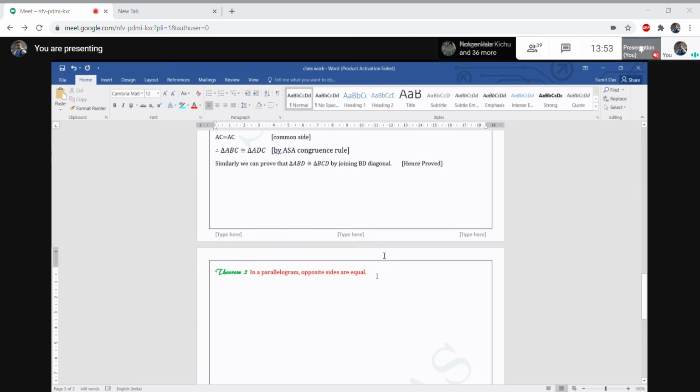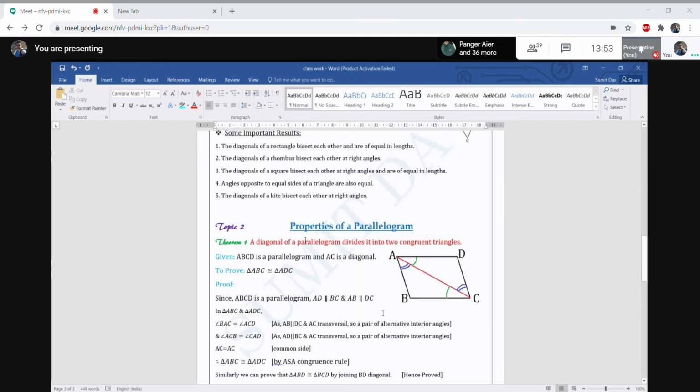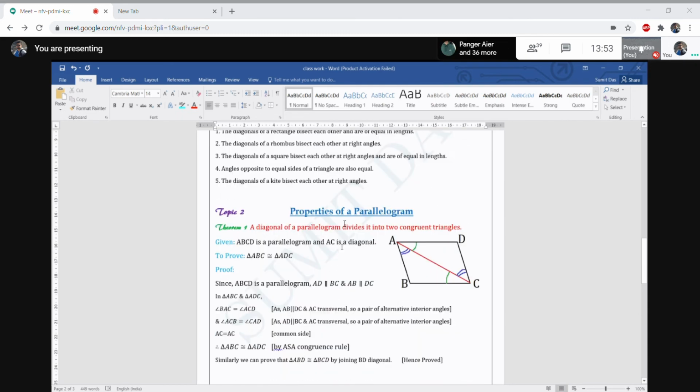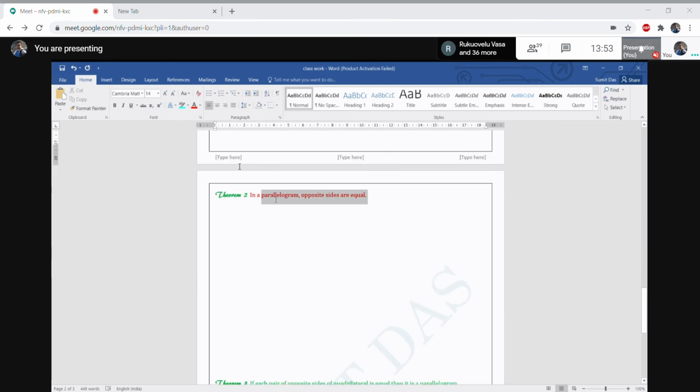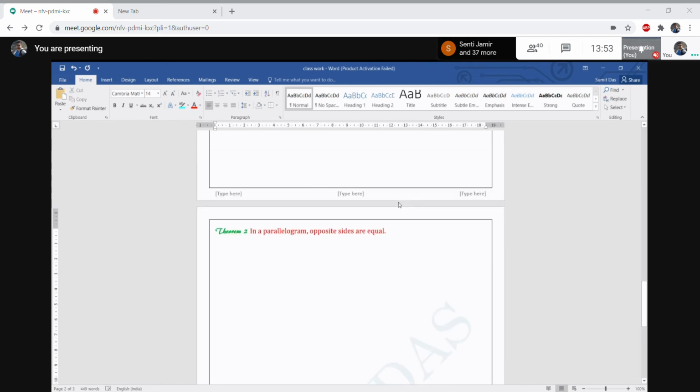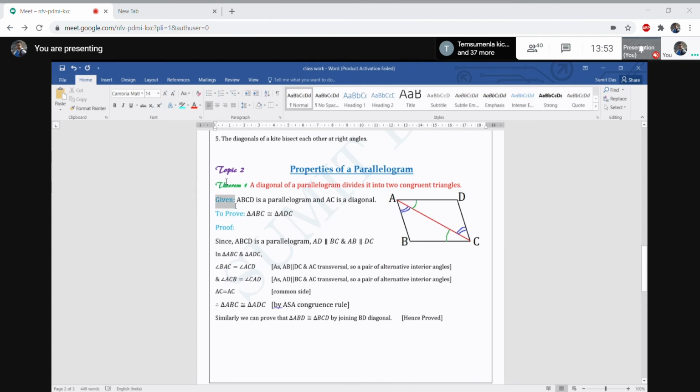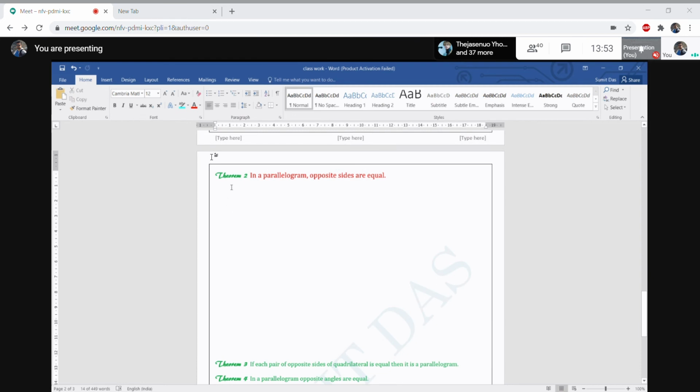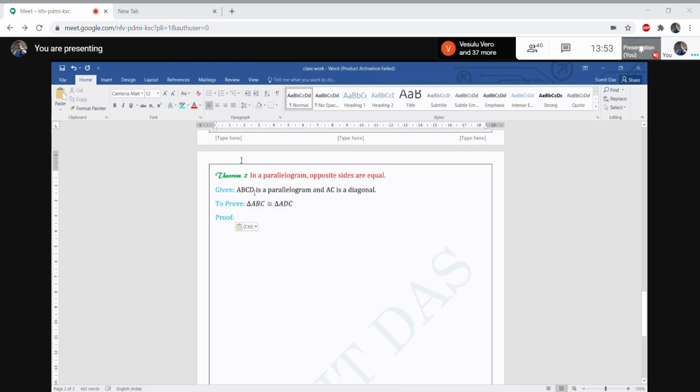The next theorem is: in a parallelogram, opposite sides are equal. Okay, this is our next theorem. So let me write here. For this one, you have to draw this.